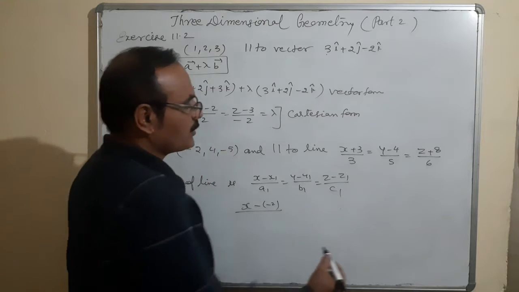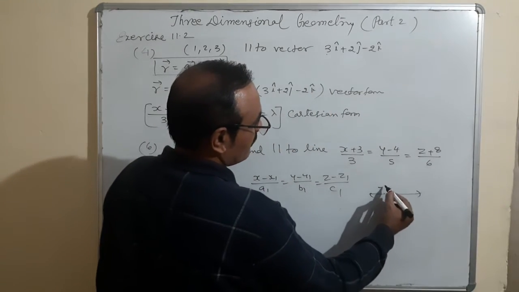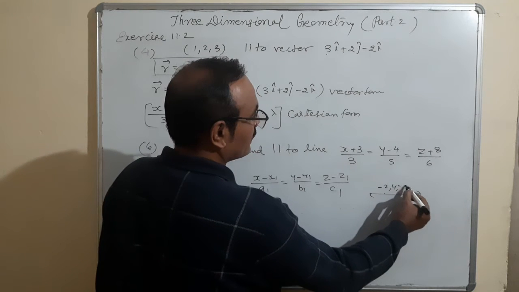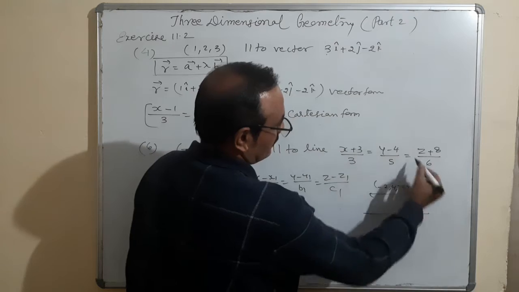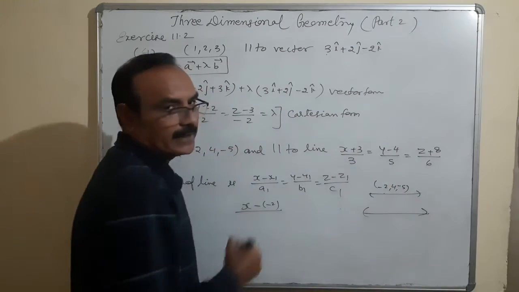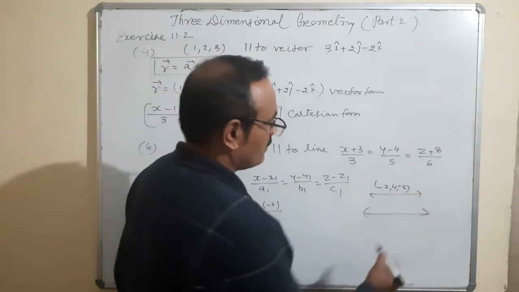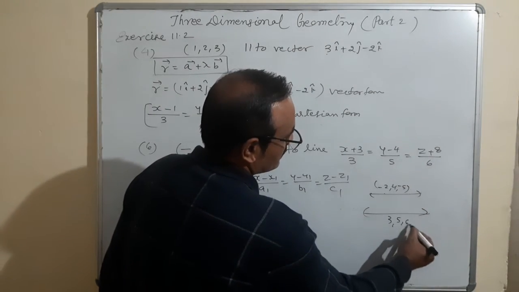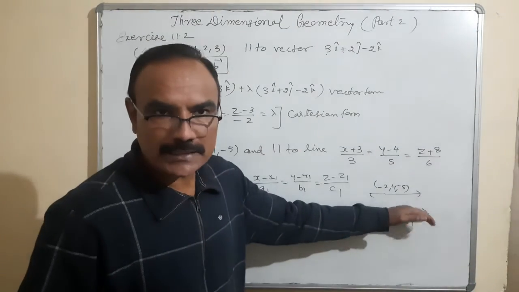Because we are going to find the equation of this line which is passing through point minus 2, 4 and minus 5. And this line is parallel to that line. What do you think about this line? Its direction ratios are 3, 5 and 6. Because both the lines are parallel, therefore the direction ratios are same.